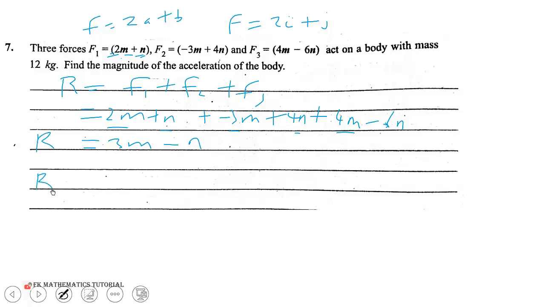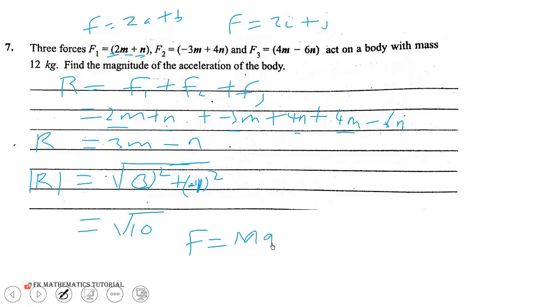So the magnitude of the resultant vector will be equal to the square root of 3 squared plus (-1) squared, so that will give us square root of 10. We know that the force is given by ma, mass times acceleration.